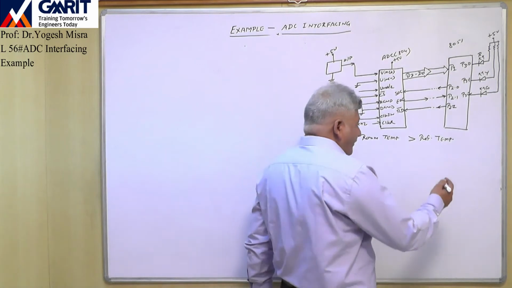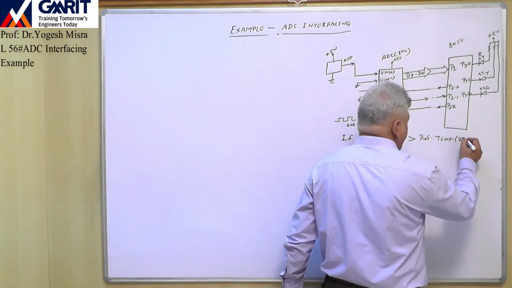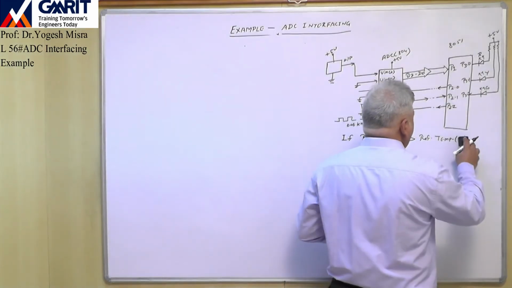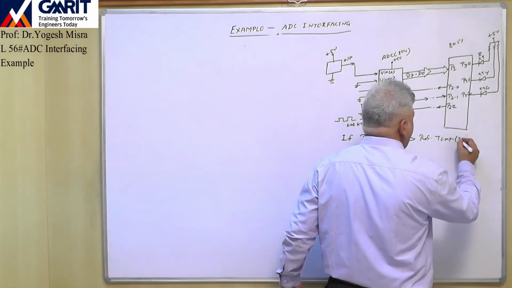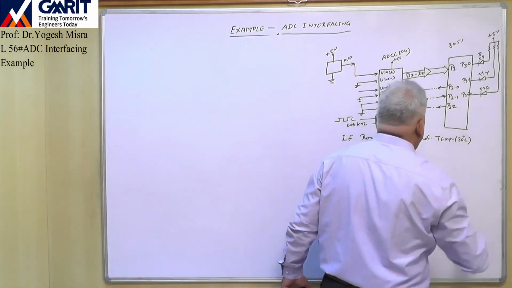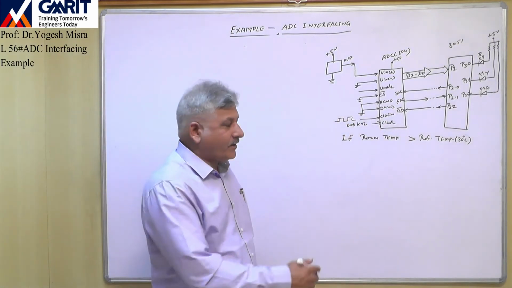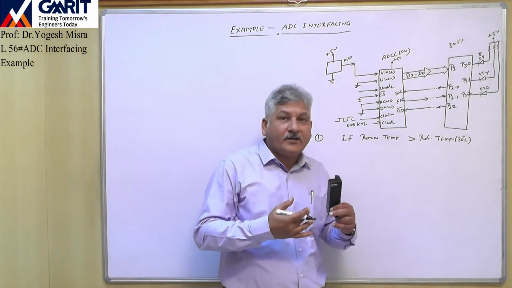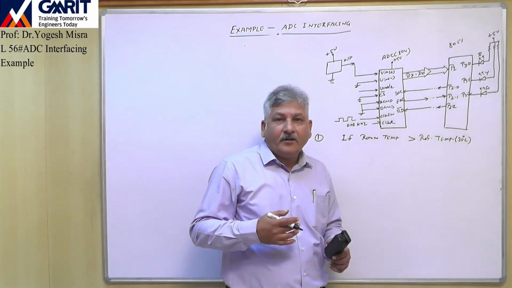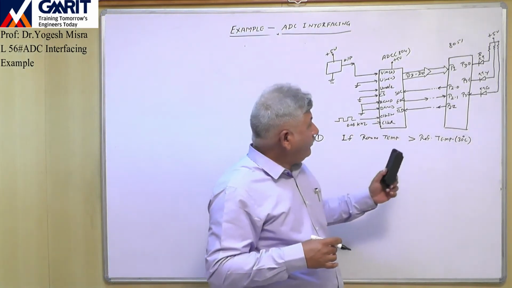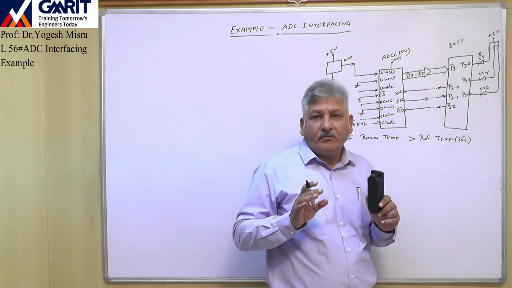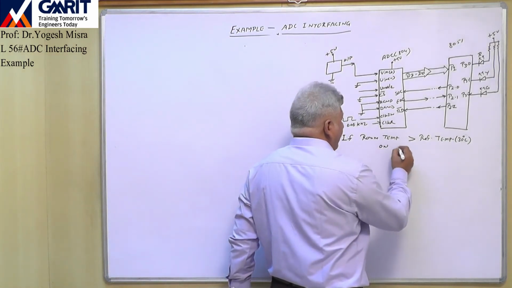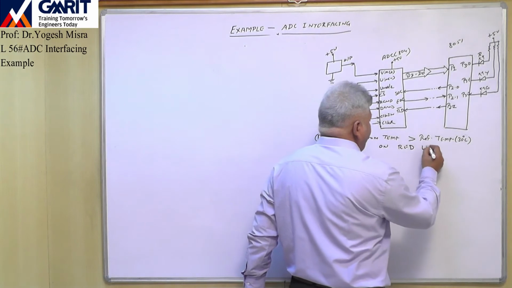Let us assume our reference temperature is 30 degrees Celsius. This is condition number 1: if our room temperature is greater than the reference temperature, then we will turn on the red LED to indicate some severe condition like that. So in this case, red LED on.